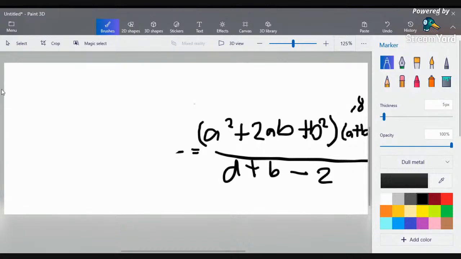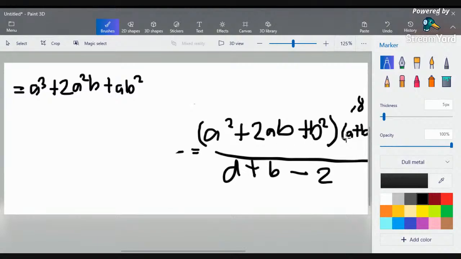So, what will be our answer? A squared times a equals a cube plus 2ab times a, that's 2a squared b. B squared times a, that's a b squared.